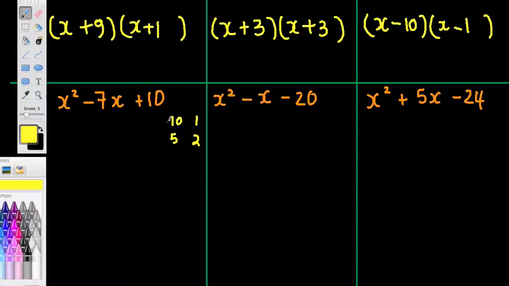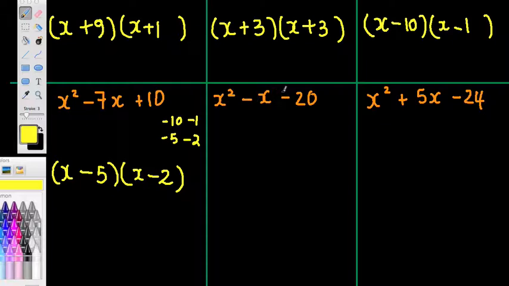So again, this indicates that both of these need to be negative. They've got to multiply together to give positive, but they've got to add together to give negative. So which one works? This one here gives me negative 11, but this one here, negative 5 take 2, is negative 7. So this one works. x take 5, x take 2. My two numbers.